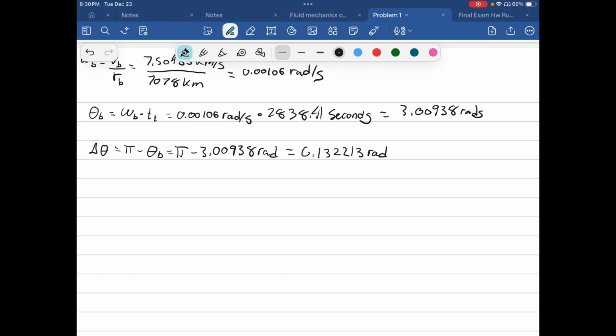So this is the desired separation between satellite A and satellite B.